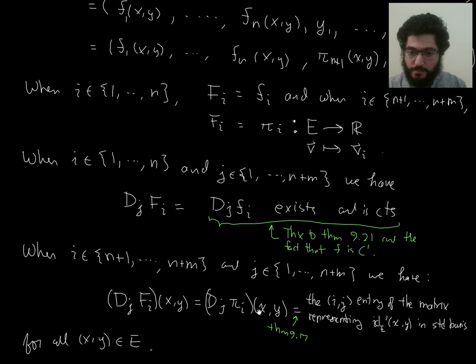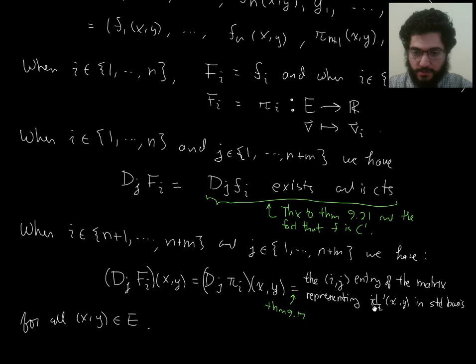So here we are getting the result that, first of all, for the identity function on E, we're concerned with two things: existence of this derivative and its continuity as a function of x and y. Definitely it exists thanks to Theorem 9.17.